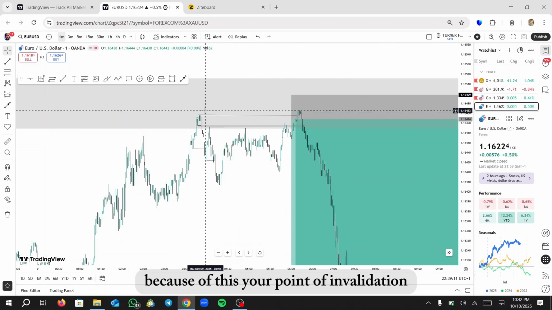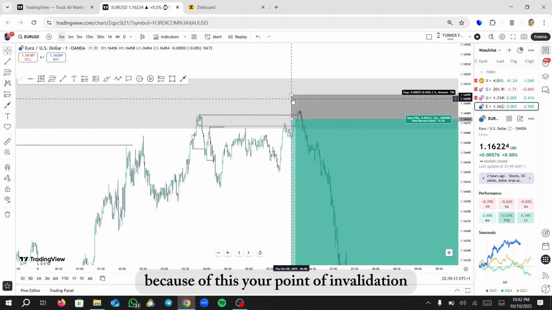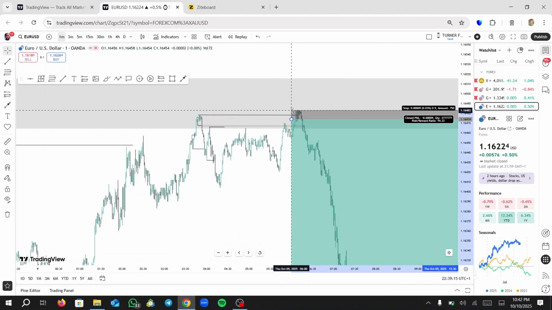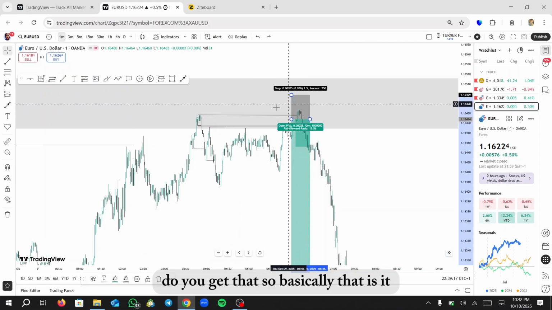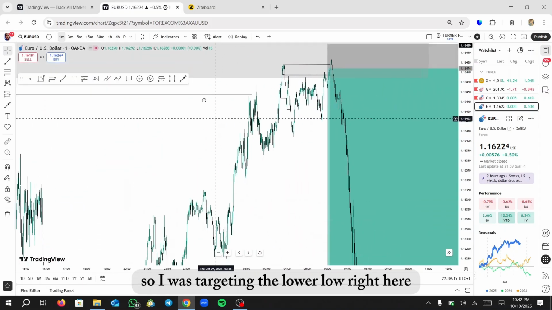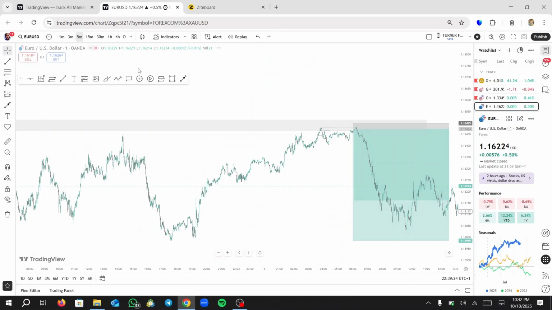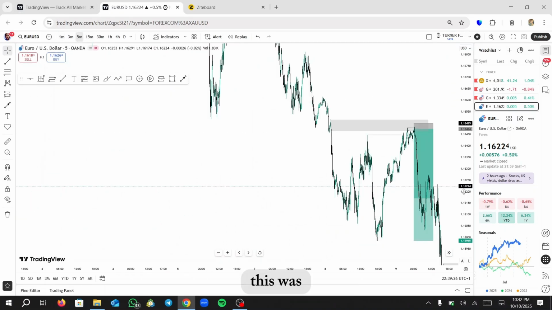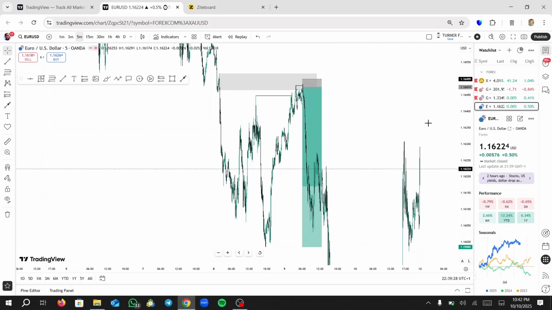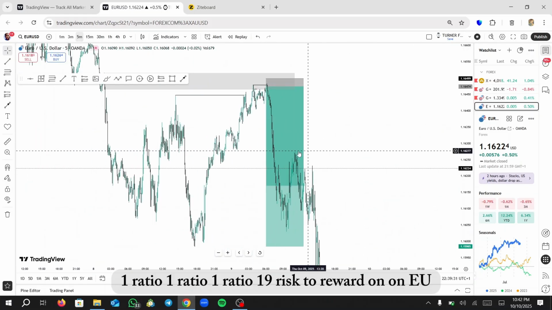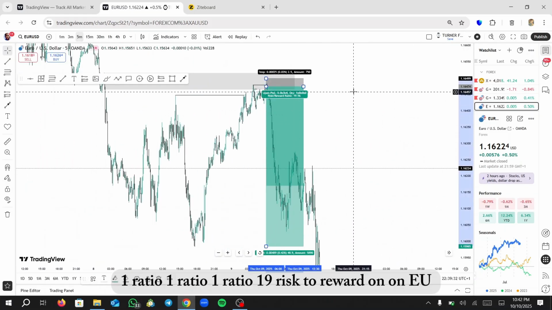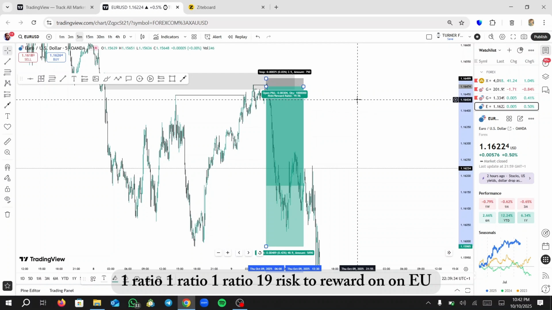You must not say that because of this point of invalidation, your stop loss must be here. Do you get that? So I was targeting the lower low right here, and this was about 1:19 risk to reward on EU.